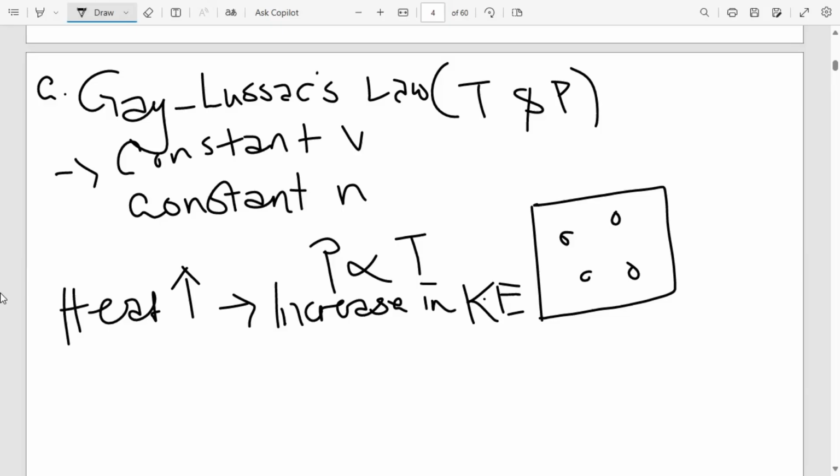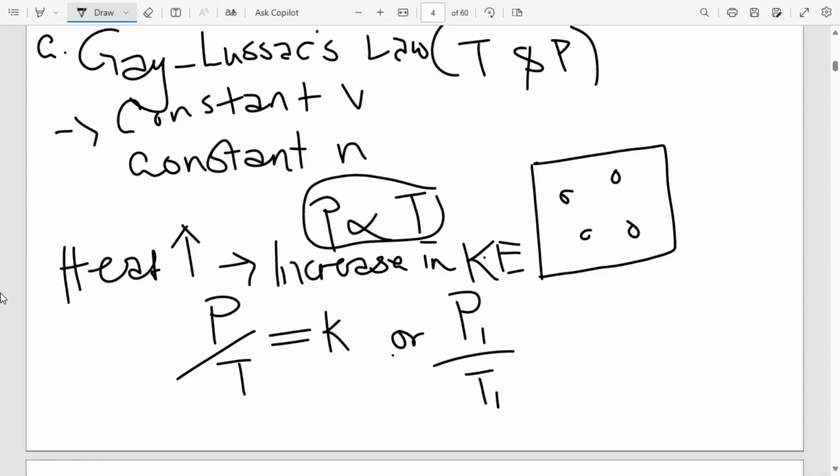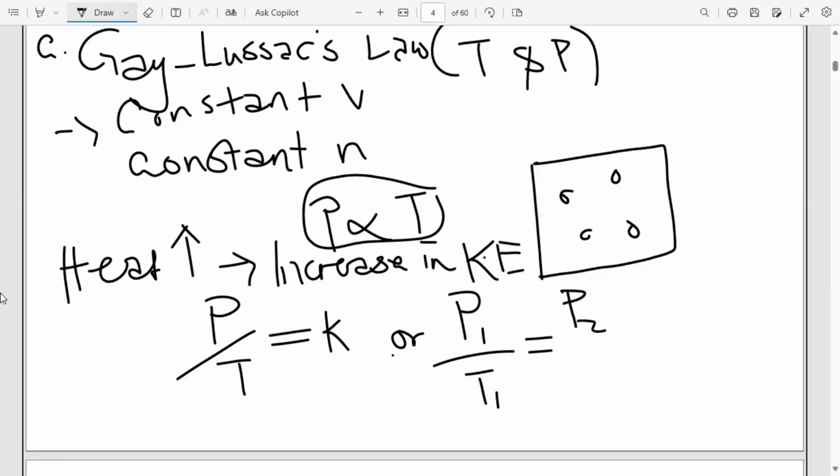lower temperature. So since this is directly proportional like this, what we're going to notice also is that the ratio of these guys is constant, which means pressure over temperature using the Gay-Lussac's law should be equal to a constant, which can also be written as pressure 1 over temperature 1 equal to, when you increase pressure to a certain amount, known as pressure 2, over temperature 2.